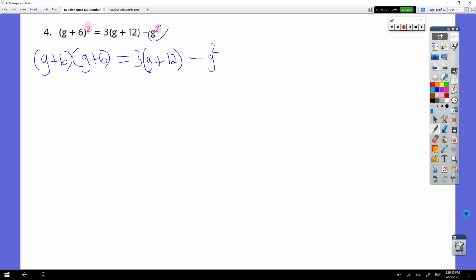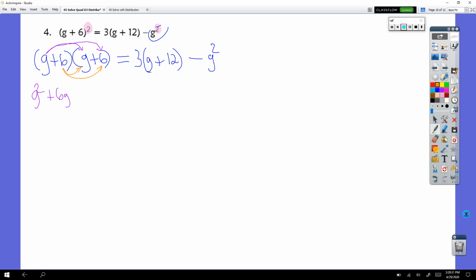So on the left here, I'm going to have to FOIL. So this is where you could use double distributing, or you could use a box method to multiply these two binomials together. I'm going to do double distributing just because then everything's in line. So I have to do g times g and g times 6, and then I'm going to distribute the 6 through.